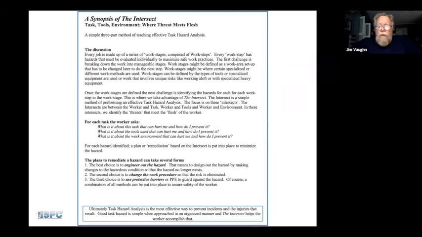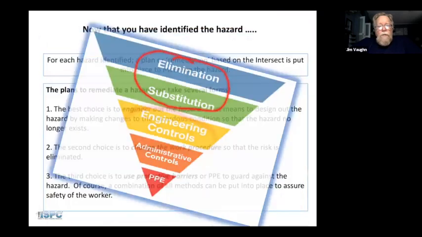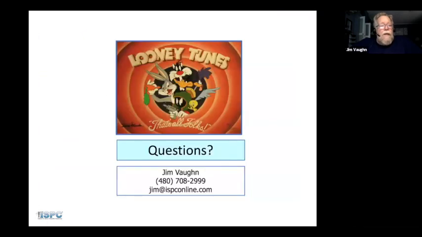This is a good reminder of how that works, and you can use this as a weekly safety tool, or a weekly safety talk about the process, how it works. So remember, the Intersect, task, tools, environment. That's the 3 questions that you have to ask.